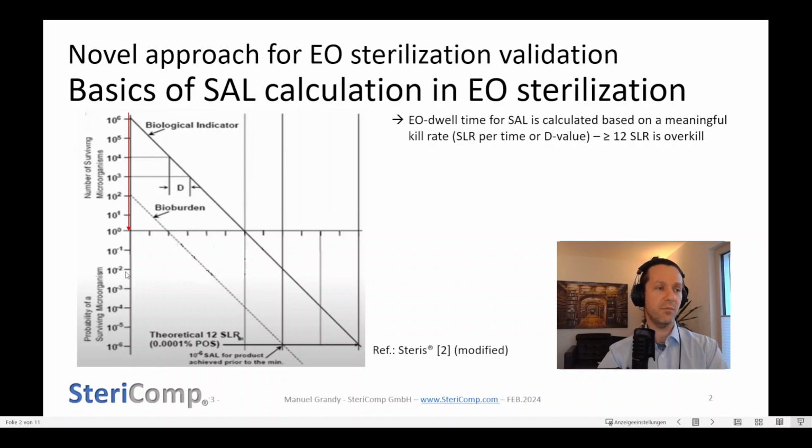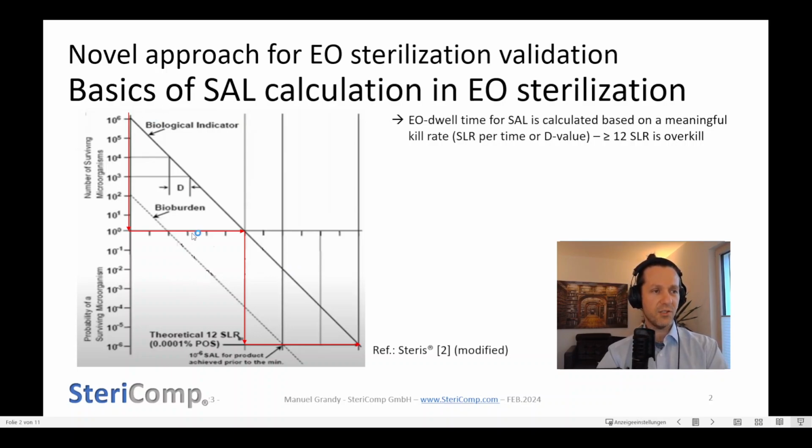We know that in practice, most likely it was more than that, but let us ignore this here on this basic level. So a spore log reduction of 6 in, for example, 6 hours, following this example here. And now to reach these 12 spore log reductions, you would simply add another 6 hours, which would then lead you to a spore log reduction of 12.